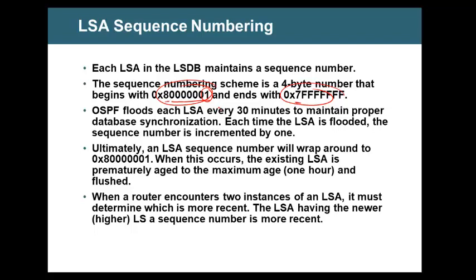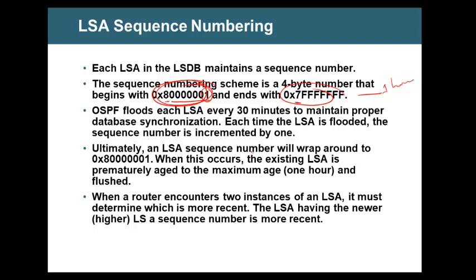All right, not only that, every 30 minutes, whether there is a change or not, periodic updates are sent. Understand this. Many people don't know this. They think that only RIP will send periodic updates. No, even OSPF sends periodic updates every 30 minutes. RIP is 30 seconds.